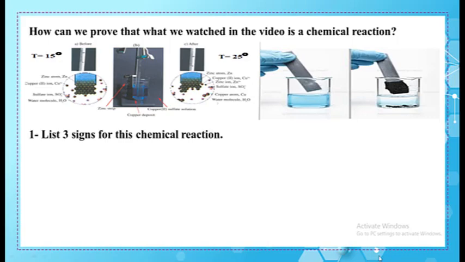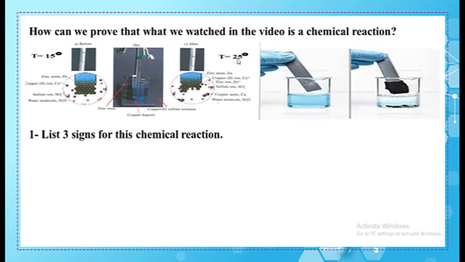As you can see, there is a change in color from blue solution to colorless one. And as you see, the thermometer reads 15 degrees at the beginning of the reaction, then it reads 25 degrees after the reaction finishes.